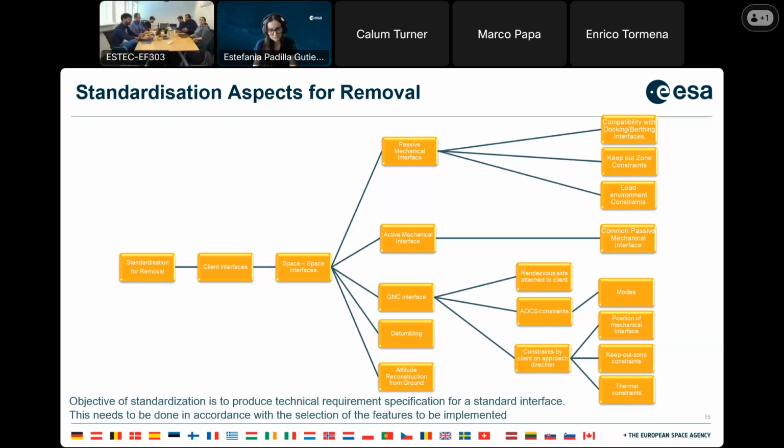Another point is all the part related to the thermal environment and the thermal constraint. The last points for what regards the interfaces are related to the other two functions that need to be highlighted. That is, first of all, the detumbling. And the other one is the attitude reconstruction from ground.